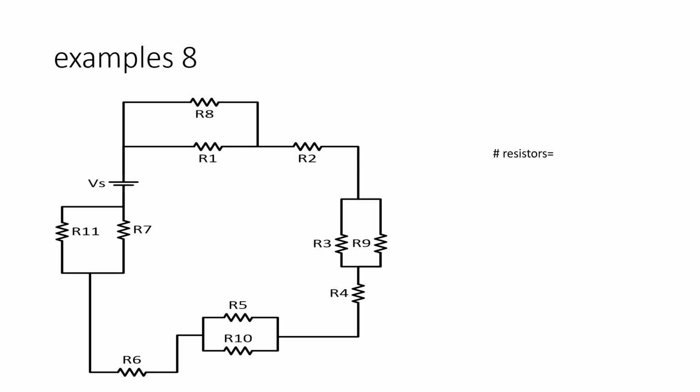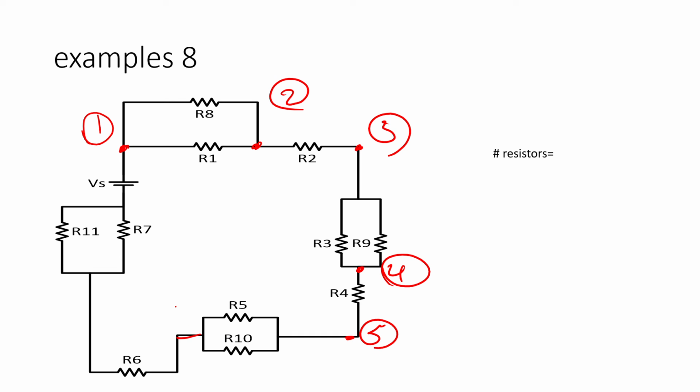Example 8, we have 11 resistors. Connection point, I will call it 1. Another connection point 2. Third connection point. Fourth connection point. This is the fifth one, 6th, 7th, and 8th.